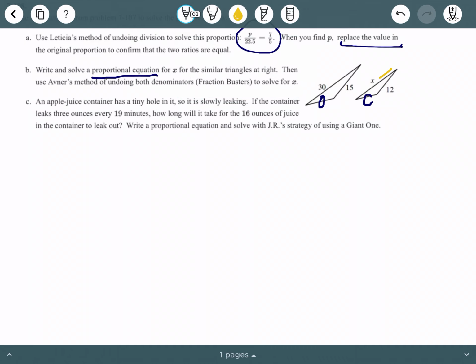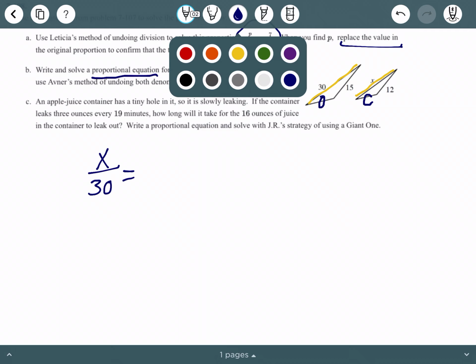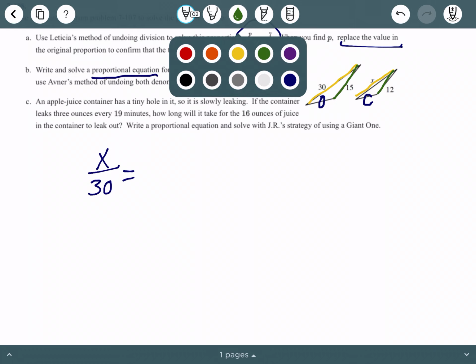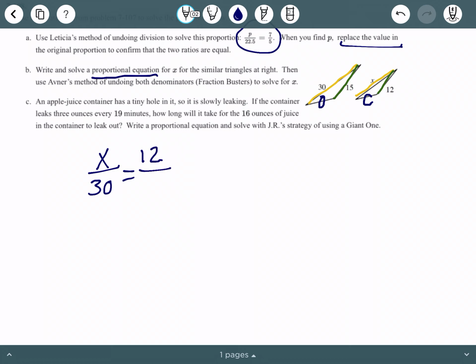So I see that I have an x here, and my corresponding side would be 30 on my similar figure. So I'm going to have x over 30, and let's set that equal to another corresponding side. So it looks like I have a 12 and a 15. So we're going to set that equal to 12 over 15. So this is our equivalent ratio that we are working with.